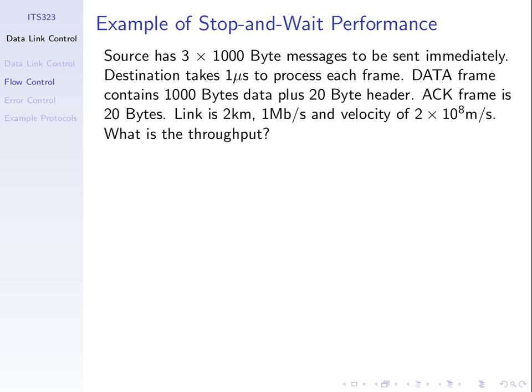So after the second ACK arrives back, it's 16682. And then we start transmitting the third frame. Data, propagate, process, ACK, propagate, ACK 3.